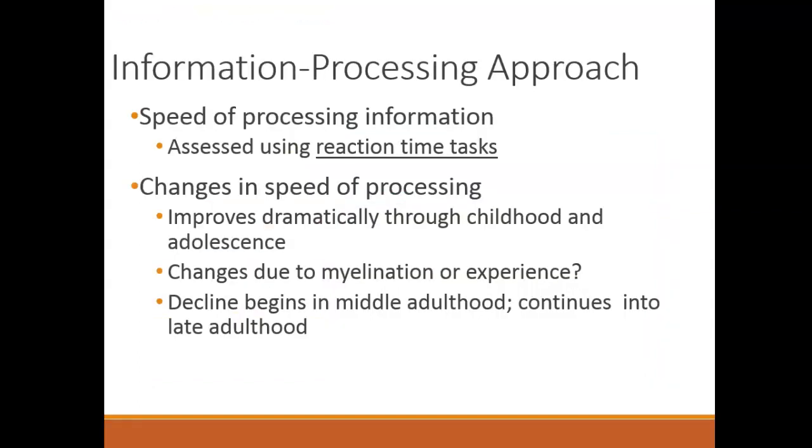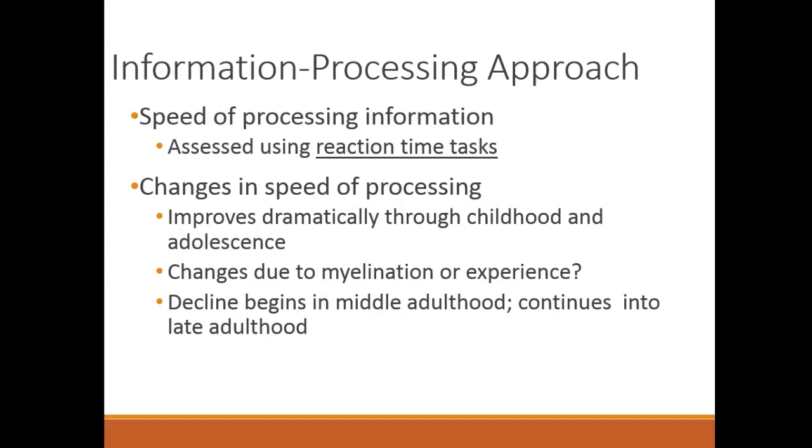Okay, so in the information processing approach, one issue is the speed of processing information, and this is assessed using reaction time tasks. If you've ever tossed a ball to a young child, their physical reaction time is not all that great. They might try to catch the ball, but not before the ball has already hit them in the head.